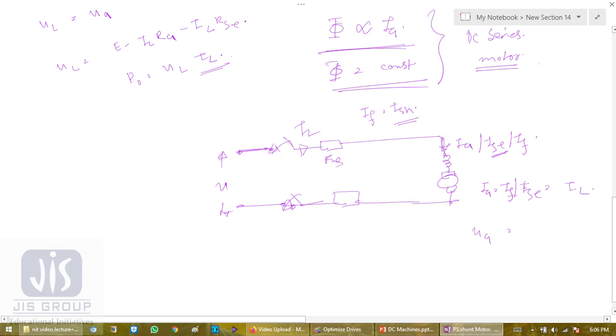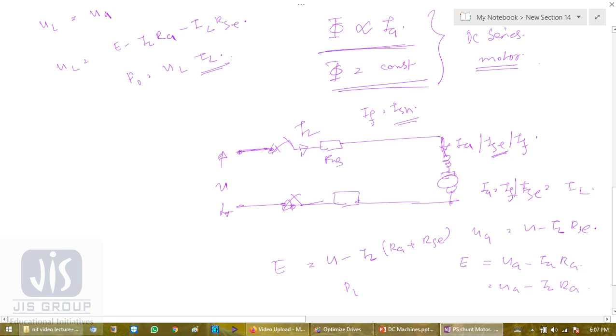UA equals U minus IL RAC. So what is my E? UA minus IA RA, that is UA minus IL RA. So ultimately E equals U minus IL times RA plus RAC.